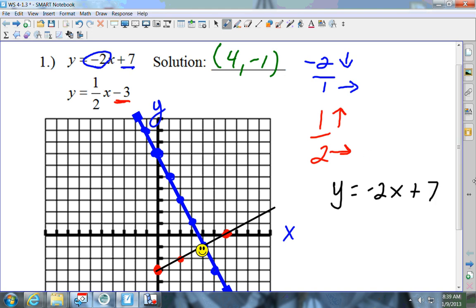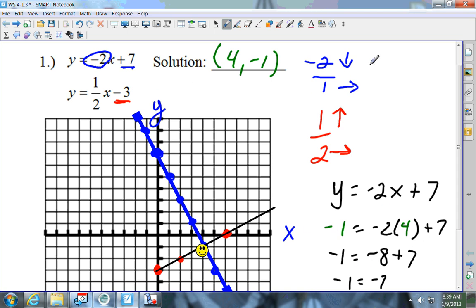Y is -1, so -1 equals -2 times x. X is 4, plus 7. -1 equals -2 times 4 is -8 plus 7. -1 equals -1. So this point works. It checks in this equation.